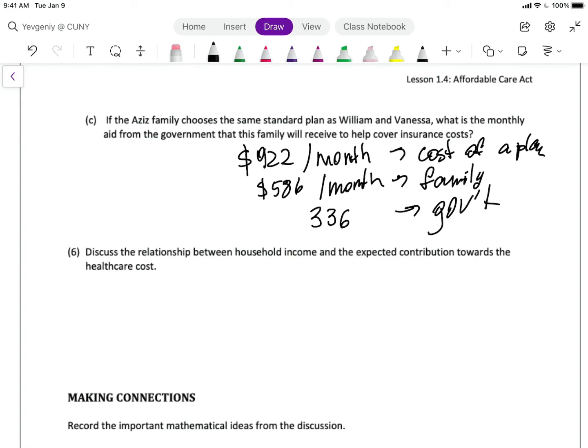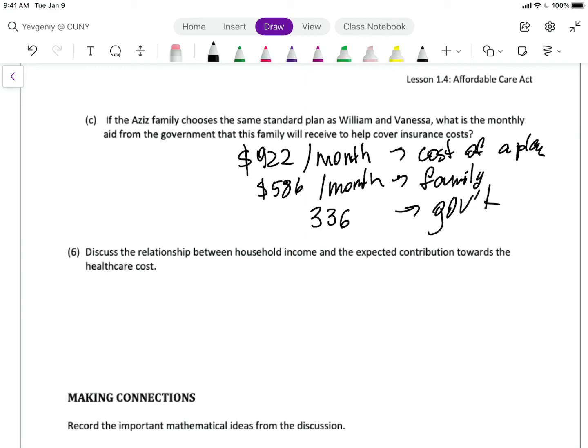Not only would the percentage they are expected to pay increase, but the actual dollar amount will also increase, since higher income means higher percentage. When you take a higher percentage of an amount that's higher, that results in a significant increase in their payments. Make sure you write that down.